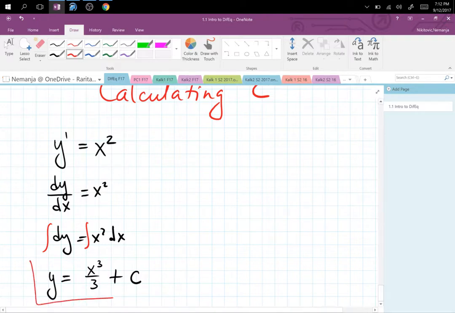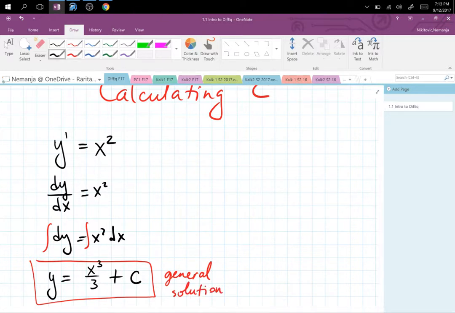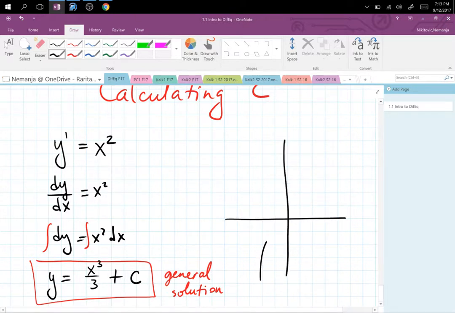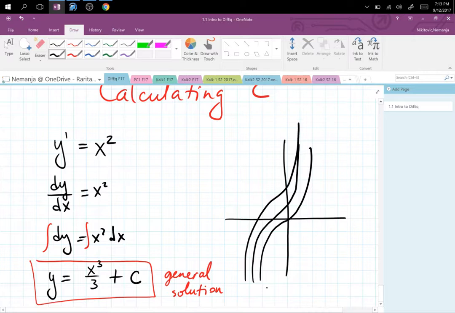This is known as the general solution. And if you are to plot this, you will have to draw infinitely many cubic functions everywhere.